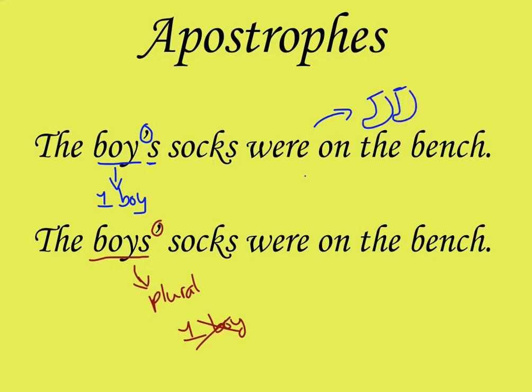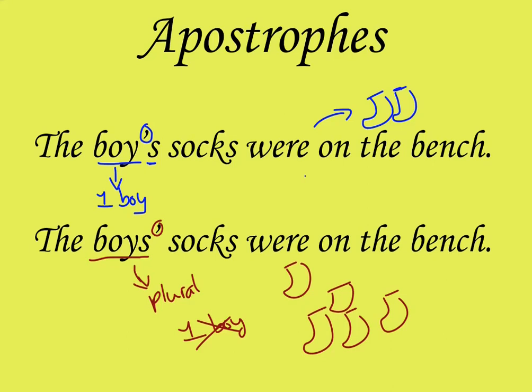Well, in my head, by the beach. It doesn't say by the beach. Whereas down here, we have suddenly got lots and lots of socks. And it's all based on where that apostrophe is placed. Where it came before the S and we had a singular boy, or where it came after the S indicating there were many boys and many socks.